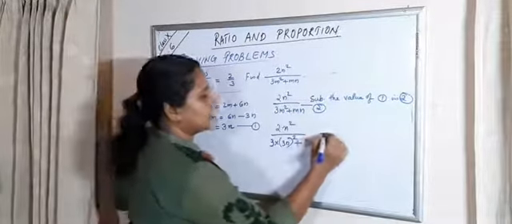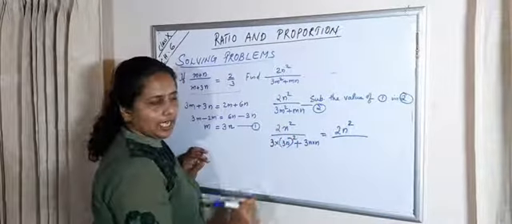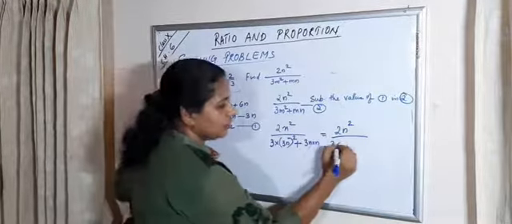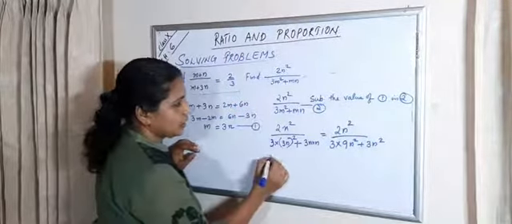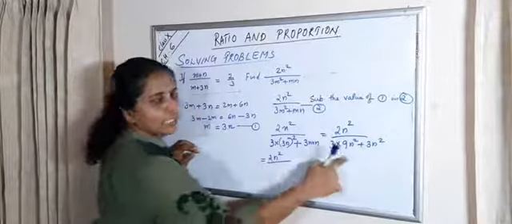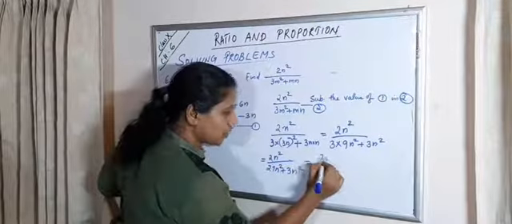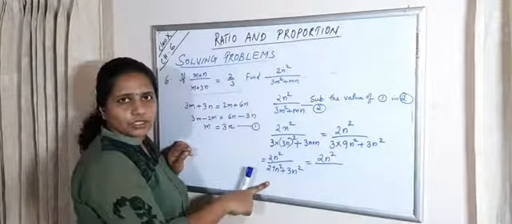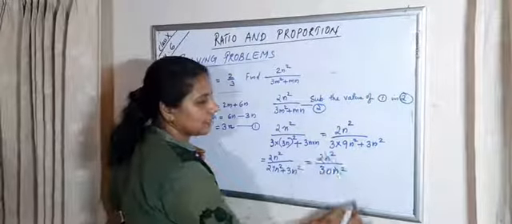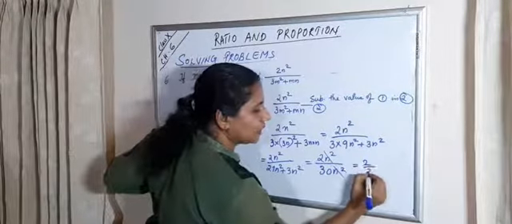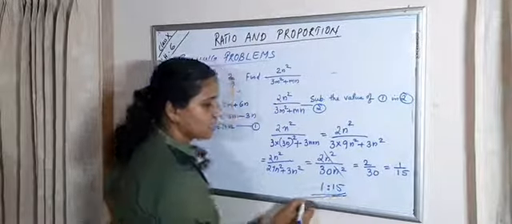That is equal to 2n square divided by 3 into 9n square plus 3n square, which is 2n square by 27n square plus 3n square, equal to 2n square by 30n square. Cancelling n square and n square, it is equal to 2 by 30, that is 1 by 15. 1 is to 15 is our ratio. Clear?